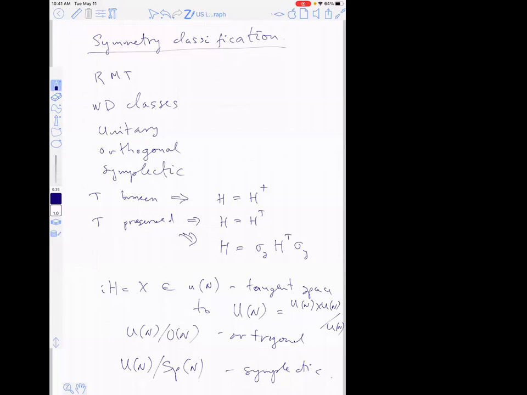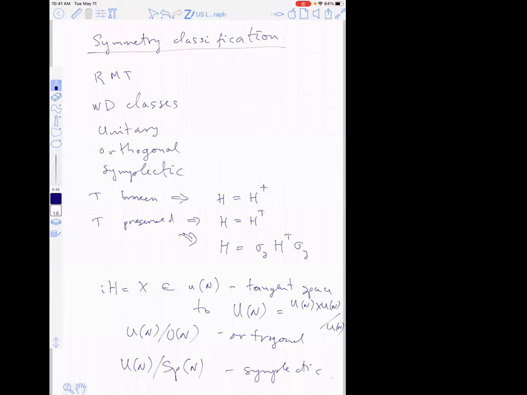Okay, maybe I'll just say in words that the program that I was sketching of the derivation of the sigma model can be extended to random matrices easily, because a random matrix can be viewed as a Hamiltonian in a zero-dimensional space, and you can do the same trick. You can study its resolvent.